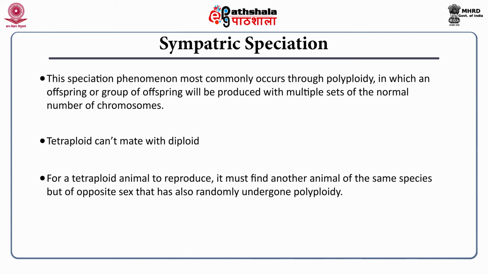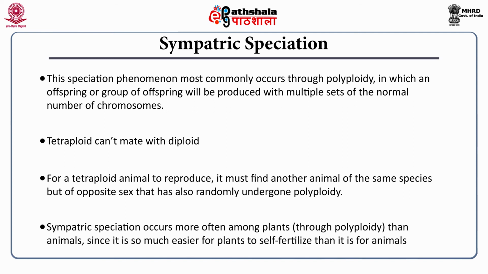So, this kind of polyploidy is a very common mechanism for plants. A number of plant varieties, for example bread wheat or apple, are polyploid, and this kind of new species formation through polyploidy occurs most often in plants rather than animals.